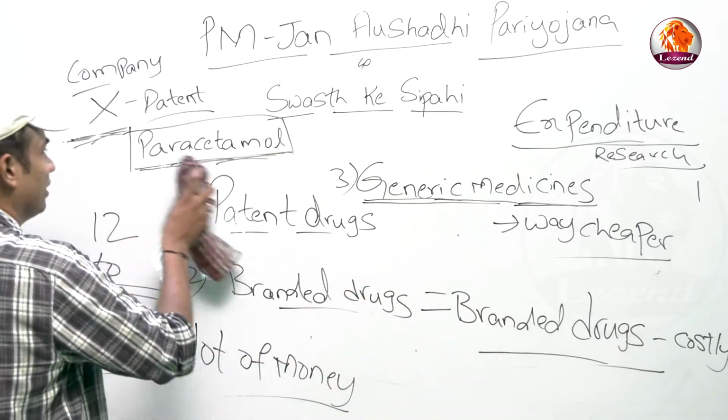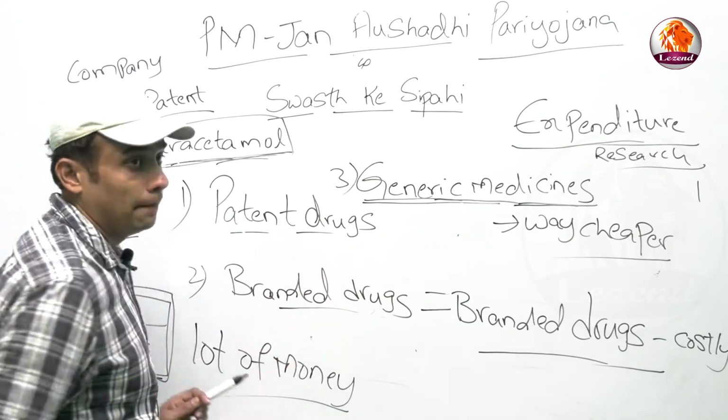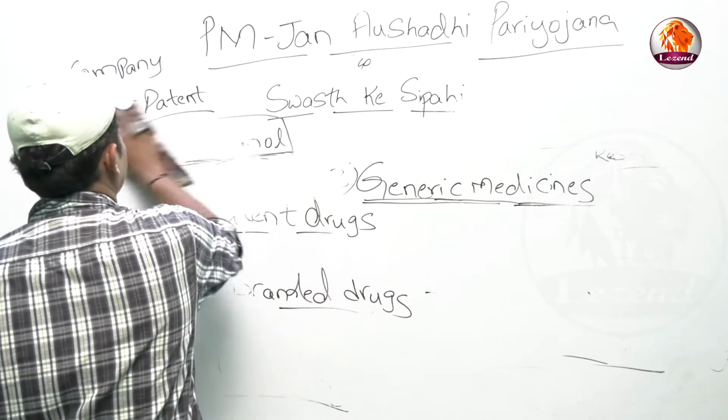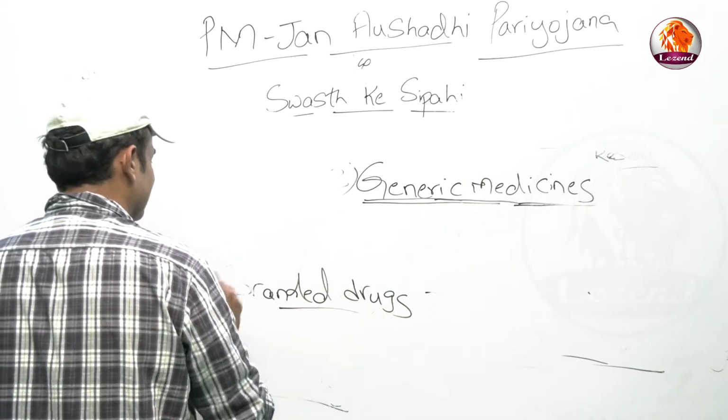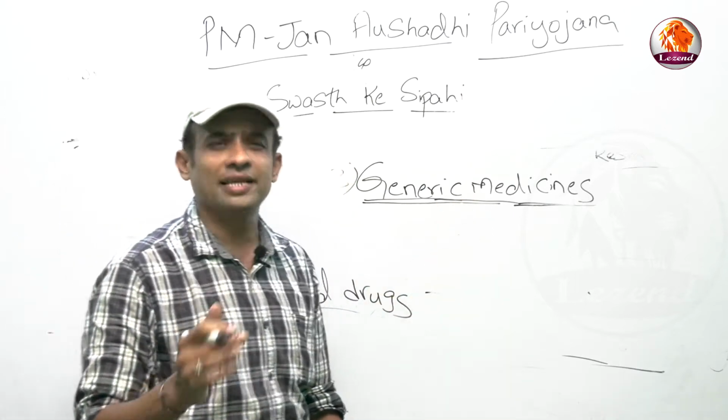Now I hope you have understood the difference between a generic medicine, patent drugs and branded drugs. Now you will have a very common doubt: do branded medicines and generic medicines have the same composition?